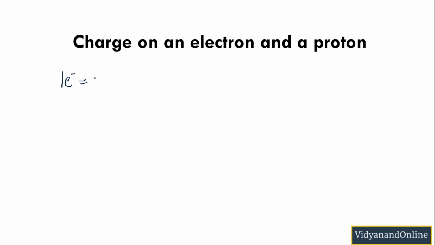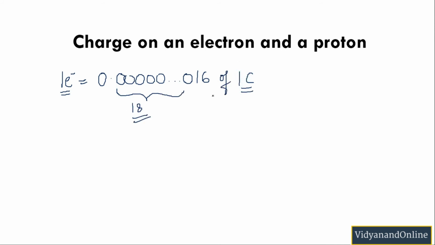So if I talk about how many Coulomb of charge 1 electron will have, it will be 0.00000, oh my god, so many zeros. So it is 18 zeros and then it is 1 6. So you have 18 zeros in between. So it's a huge fraction of 1 Coulomb that gives you the charge on 1 electron.